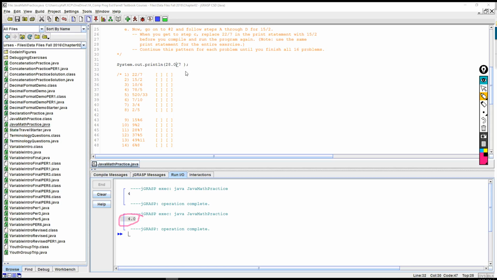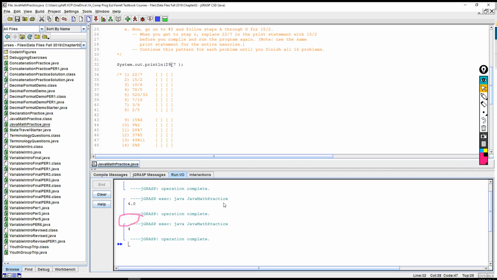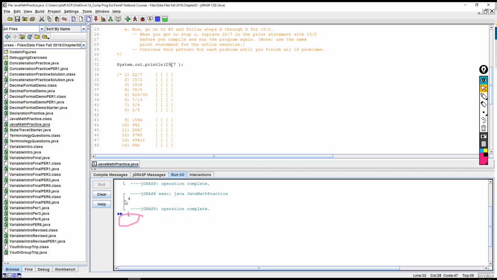Then if we continue on, just to show a little bit more, if we choose 29 divided by 7, if you did that in a calculator, that's fine, but you have to remember that Java is going to truncate, cut off the decimals.